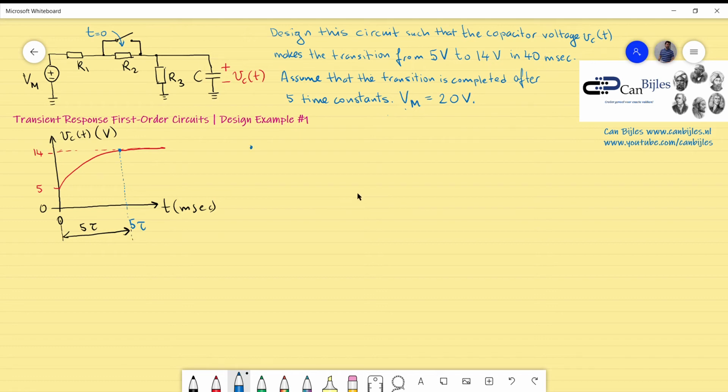The initial value is 5 volts. The final value, or steady state value, is 14, and 5 tau must be equal to 40 milliseconds, or 0.04 seconds. This will give us that 1 tau is equal to 0.04 divided by 5, which is 8 milliseconds, or 0.008 seconds.